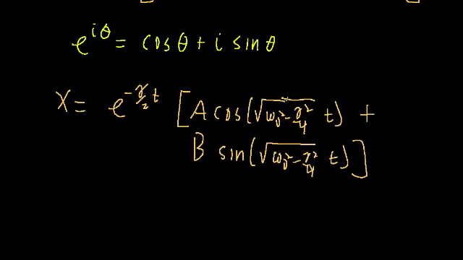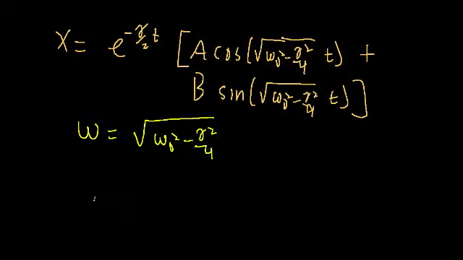So what do we have here? This kind of looks like what we had for the solution for simple harmonic motion: A times cosine plus B times sine. And it may be a bit more clear if we define omega as the square root of omega naught squared minus gamma squared over 4.